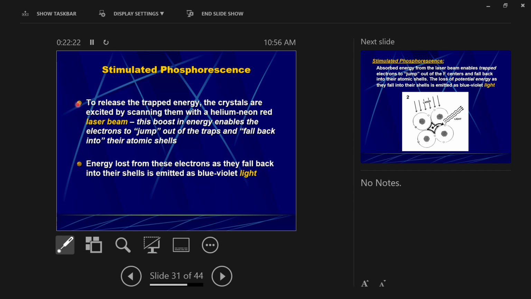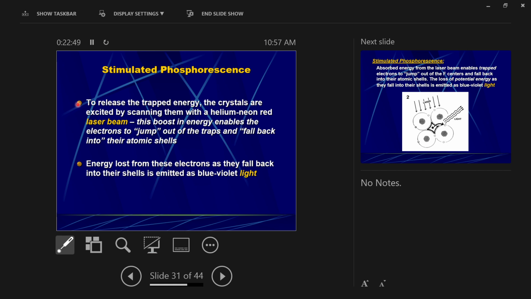So again, a special wavelength of light is used, a helium-neon red laser beam. This takes the electrons and pumps them up. It gives them a lot of energy, okay? And then they are able to jump out of where they were trapped, raising up their potential energy, jumping out of where they were held, and back into the atoms that they came from.